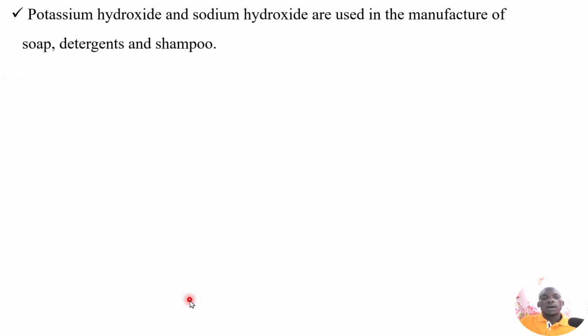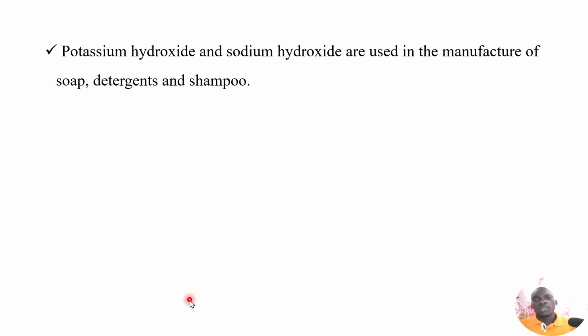We can also say that potassium hydroxide and sodium hydroxide are used in the manufacture of soap and detergent or shampoo. So these two are commonly used. We can either use potassium hydroxide or sodium hydroxide in the manufacture of soap. Actually, it is mainly detergents and soap where we use these alkaline substances or bases.